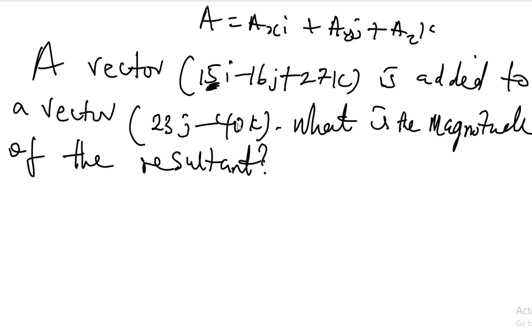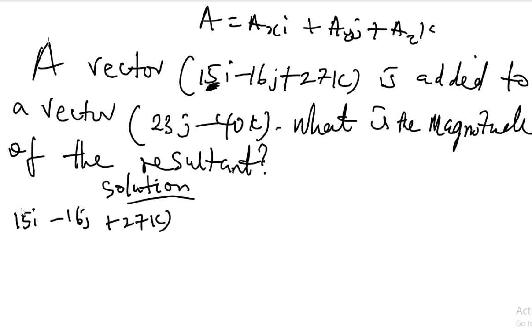How do we go about that? So we have the solution. We have 15i minus 16j plus 27k, and we add it to 23j minus 40k.